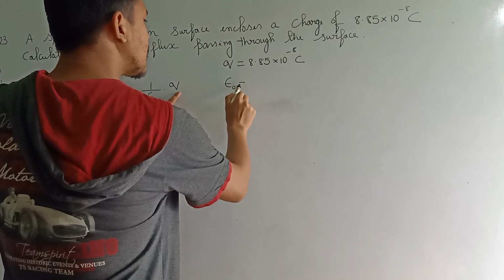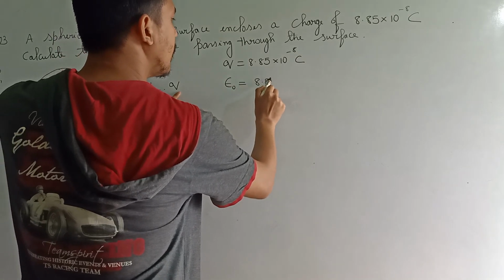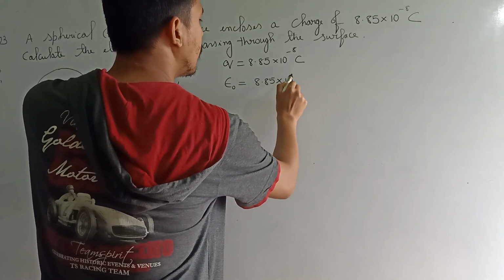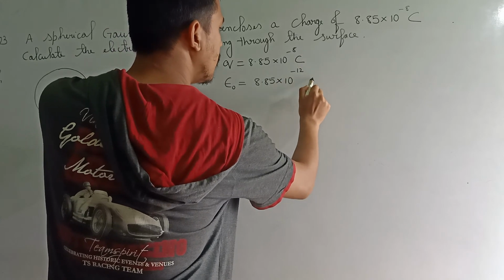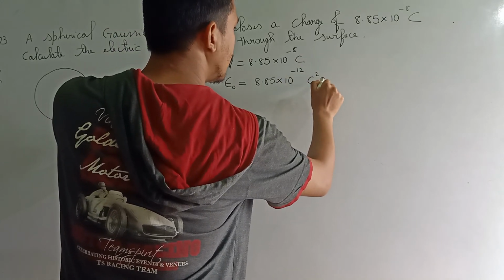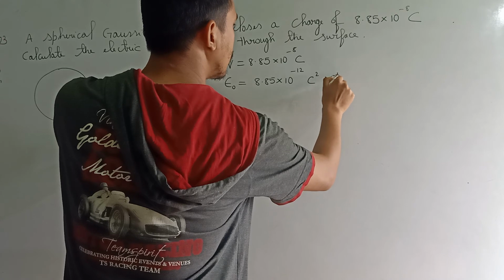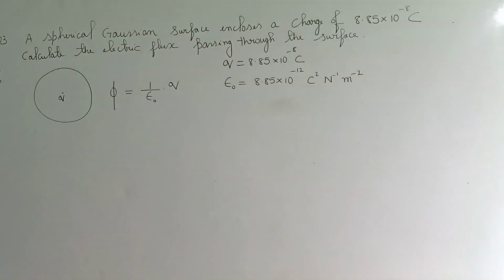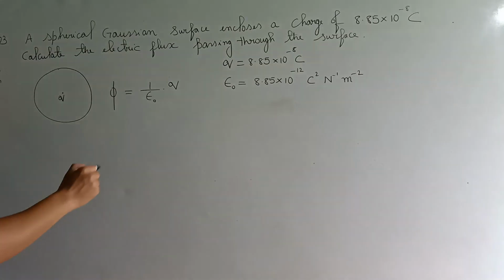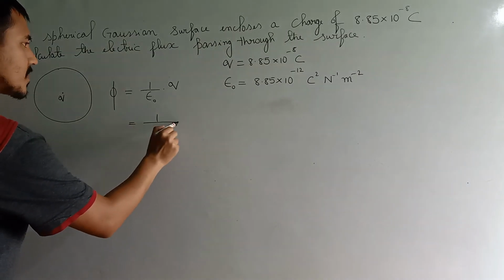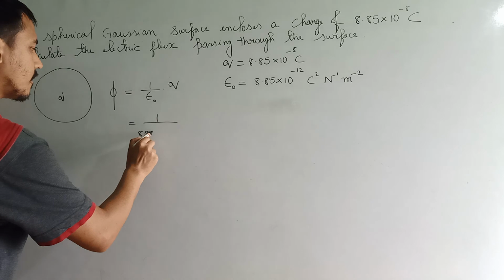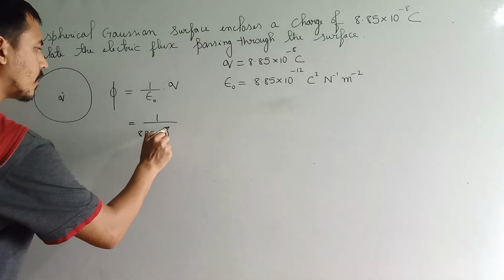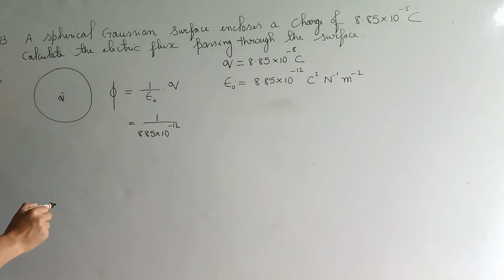And the value of epsilon naught is 8.85 into 10 to the power minus 12 coulomb square per Newton per meter square. Okay, that is the value of epsilon naught. So 1 upon epsilon naught means 1 upon 8.85 into 10 to the power minus 12.